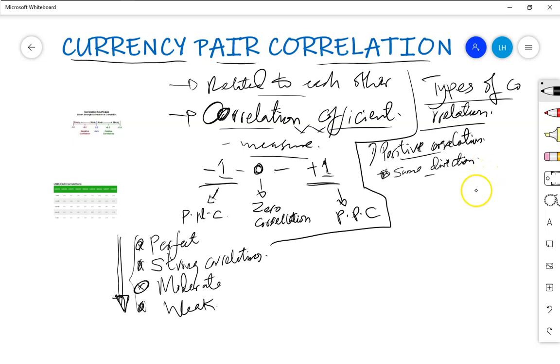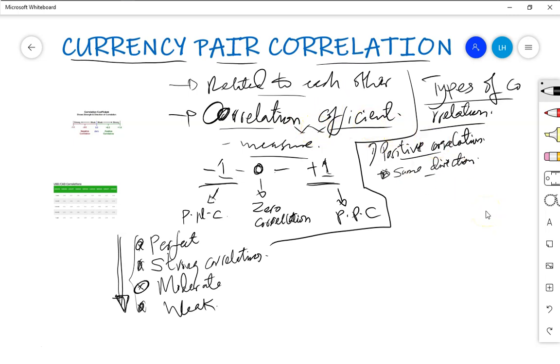So if one pair is buying, another pair will take the same direction, where it will be buying also. Then we'll see examples of those currency pair correlations, based on the correlation coefficient.